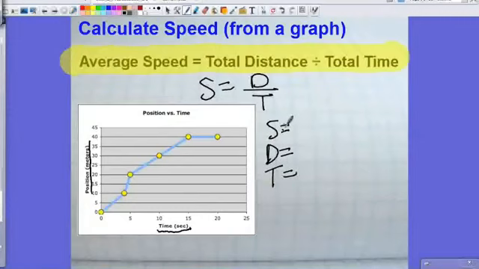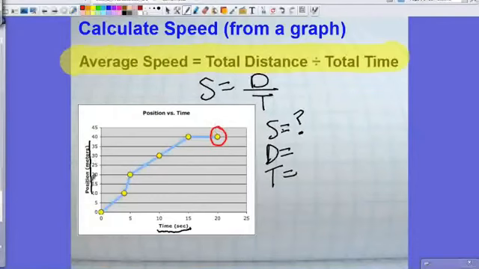In this case, I'm trying to find the average speed, so I'm going to put a question mark next to the S. The next thing I'm going to do is find the distance and my time. If I read my graph appropriately, to find the average speed, I'm always going to use the last point. So I'm going to circle it for you. That's the last point. From here, I can find the distance and the time very quickly.